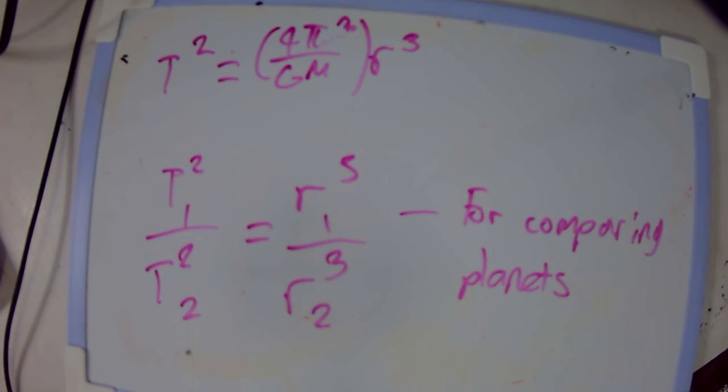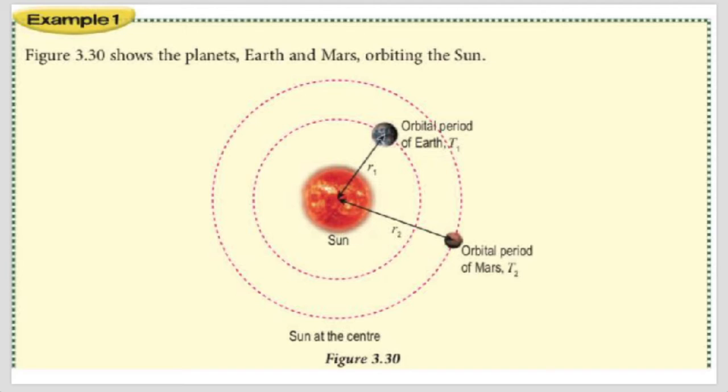Let's go into two examples from your textbook. All right. So here is the first picture. If you have the textbooks, you can follow along. So here you can see that there are two planets that we are going to compare. So we have the Earth and we have the planet Mars.